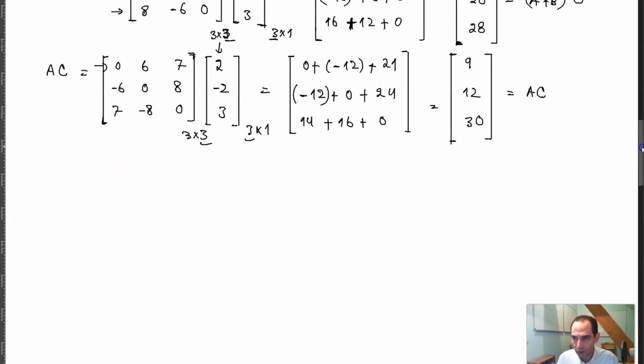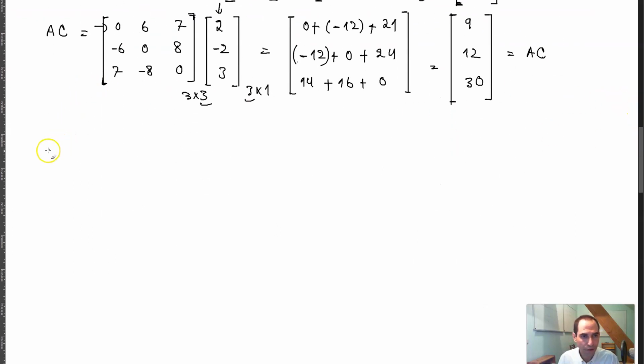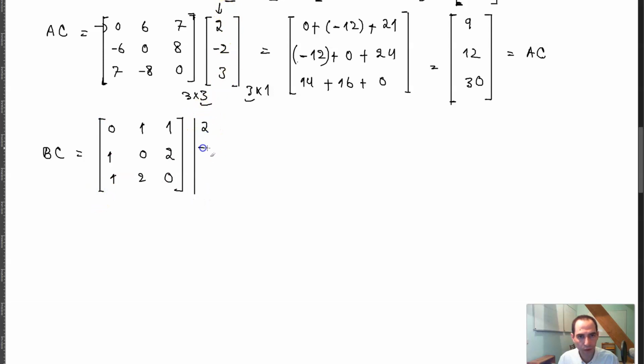Now, the next bit that we need to build is B times C. So B times C is equal to B, which is 0, 1, 1, 1, 0, 2, 1, 2, 0, times C, and C is basically this matrix, 2, negative 2, and 3. You have a 3 by 3 matrix and a 3 by 1 matrix, so you will get again a 3 by 1 matrix.